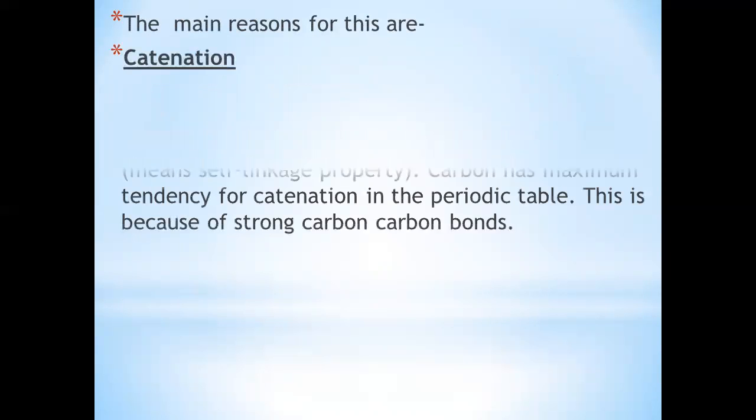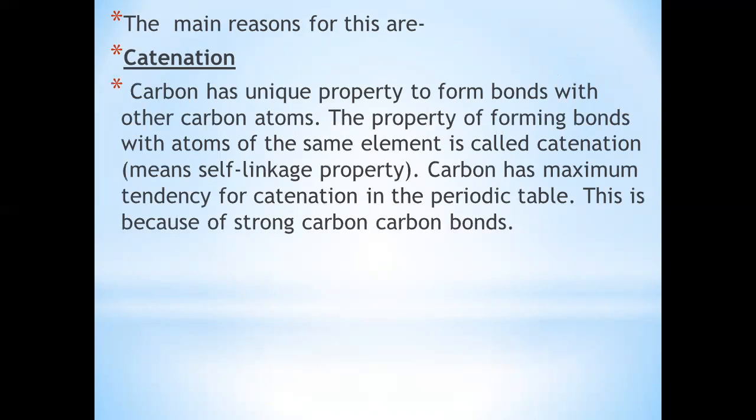The first reason is catenation. Carbon has the unique property to form bonds with other carbon atoms. The property of forming bonds with atoms of the same element is known as catenation, meaning self-linkage property.